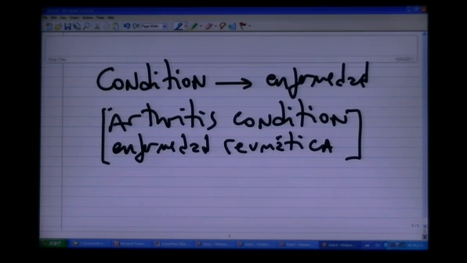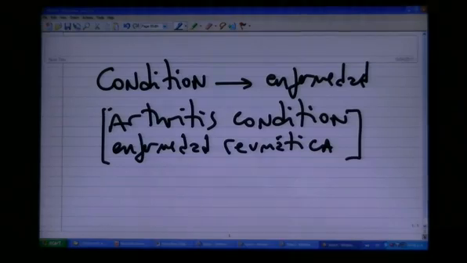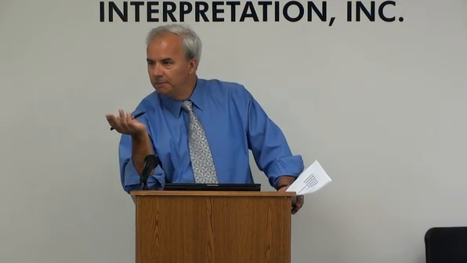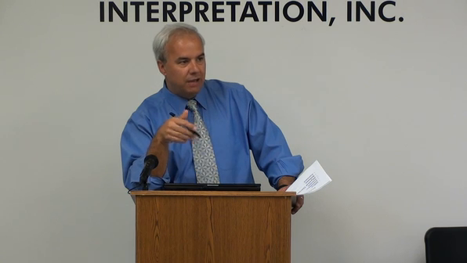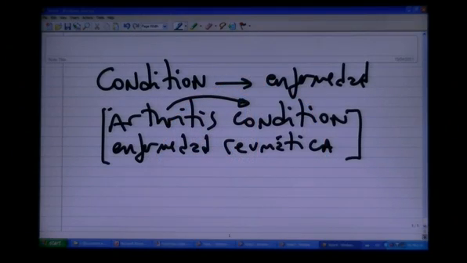So if you don't have formal training, you put this together based on the fact that, okay, well, it's una condición de artritis. And that means nothing. This is very lousy rendition. Es una enfermedad reumática. So from now on, we can define that arthritis, when it's modifying something else, is reumático.